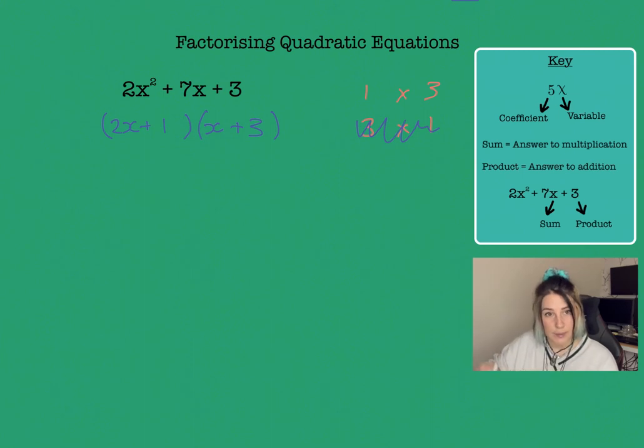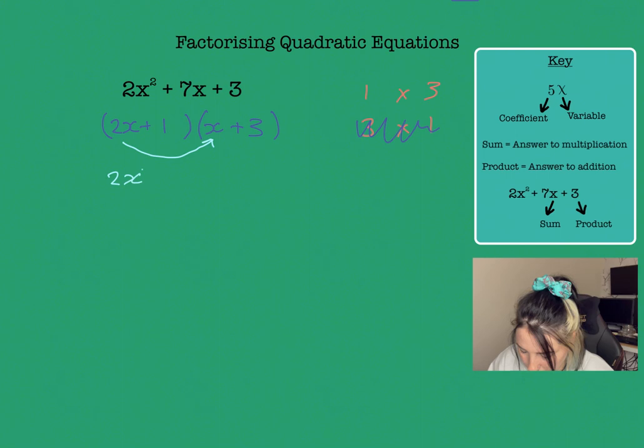Now we're going to go through the same process of expanding and then seeing if we end up with the same equation at the start. And if we do, then we've got the correct numbers in the correct order. So we're going to start off with 2x multiplied by x, which is going to give us 2x squared. Then we've got 2x multiplied by 3, which is going to give us 6x.